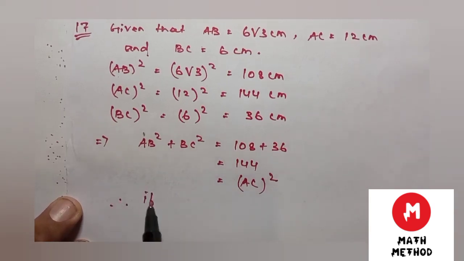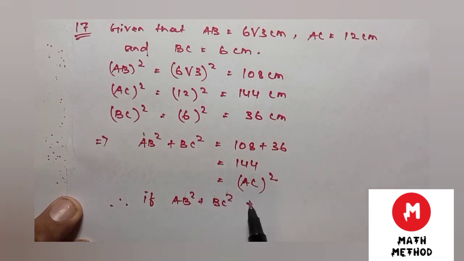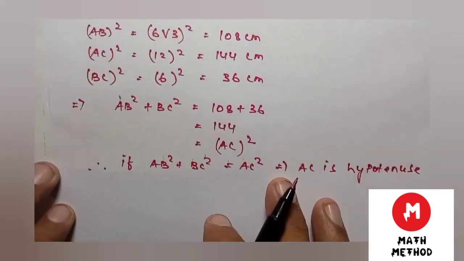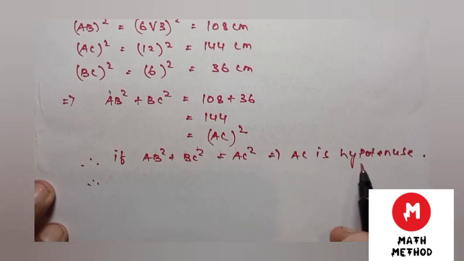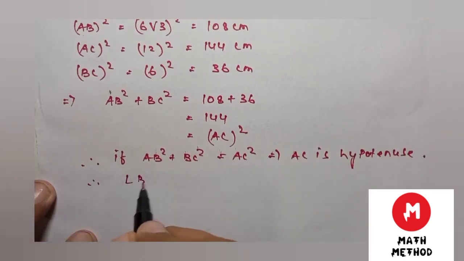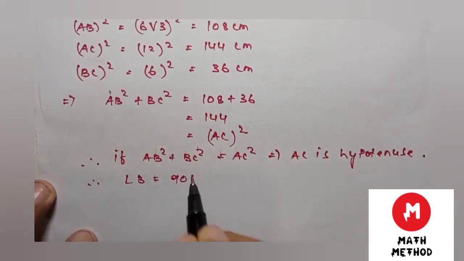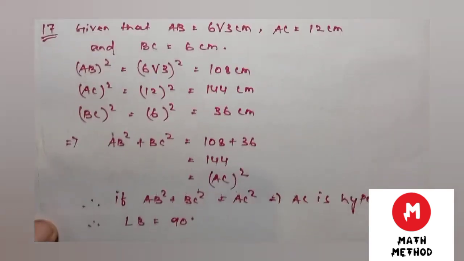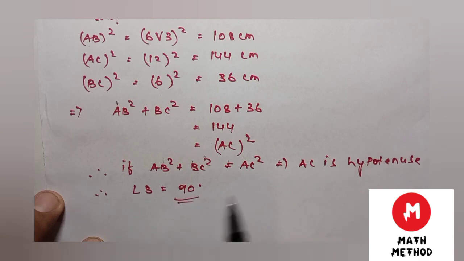Therefore if AB square plus BC square is equal to AC square, it implies AC is the hypotenuse. Clear? So if AC is the hypotenuse, angle B is equal to 90 degrees. The question asks for the angle B. Here angle B is 90 degrees, which is the answer.